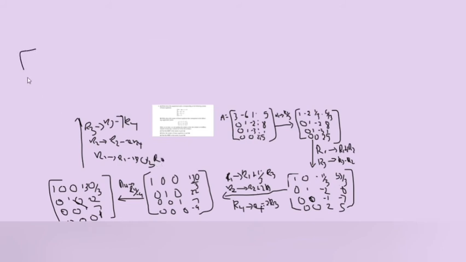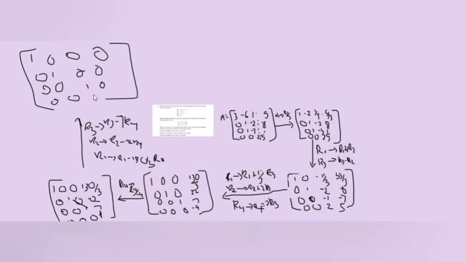So we get an augmented matrix like this: 1, 0, 0, 0; 0, 1, 0, 0; 0, 0, 1, 0; 0, 0, 0, 1.